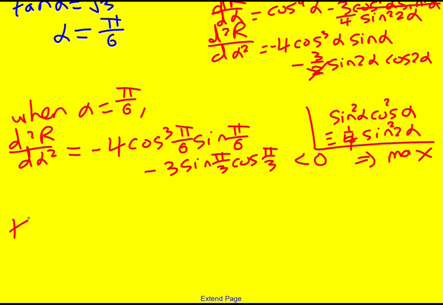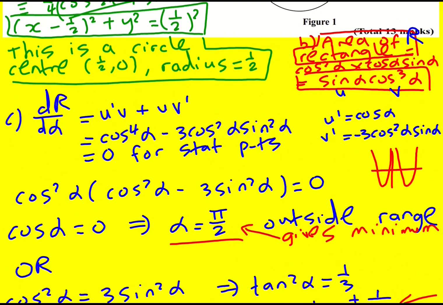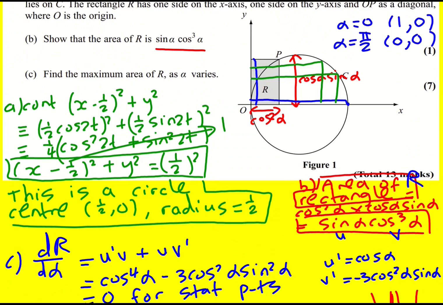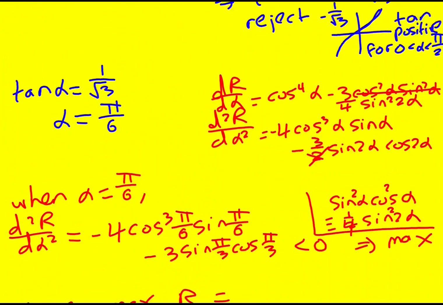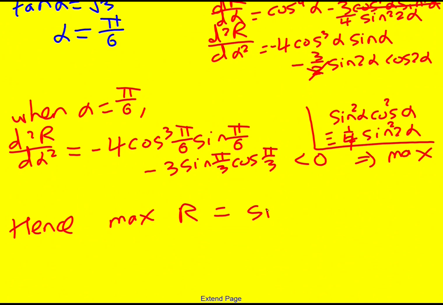And hence, the maximum value of r is going to equal, we just need to take our original r, which remember was sine alpha cos cubed alpha. So sine pi over 6 cos cubed pi over 6.